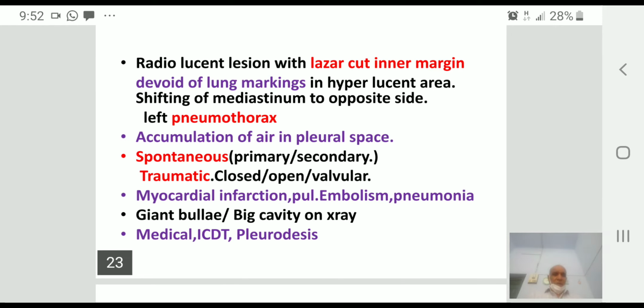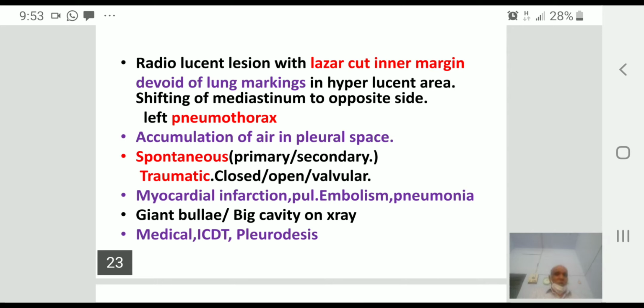Traumatic is when there is a chest trauma. It may be penetrating, in a road accident, gunshot or knife penetration, or blunt trauma, hit with a stony material, and with a rib fracture, the end of the rib punctures the parietal pleura and leads to pneumothorax.